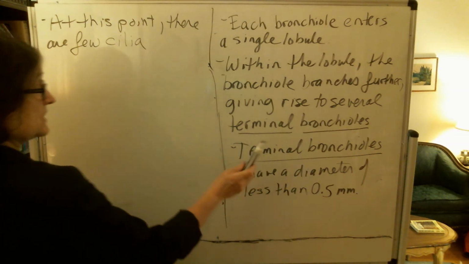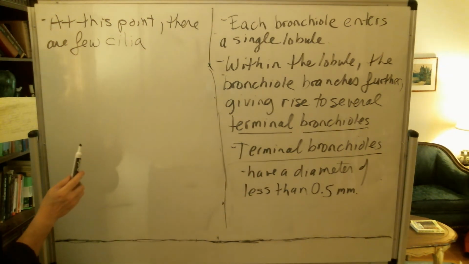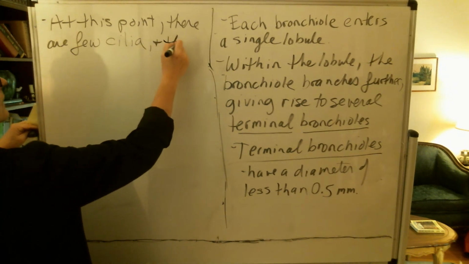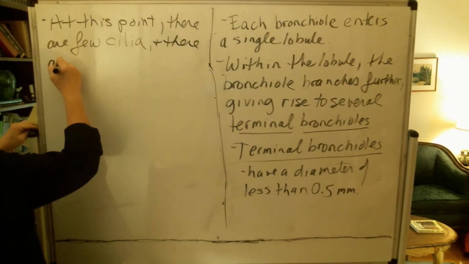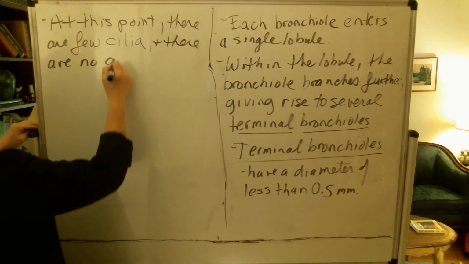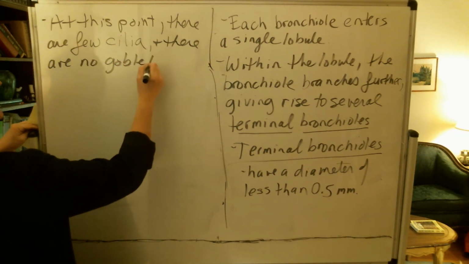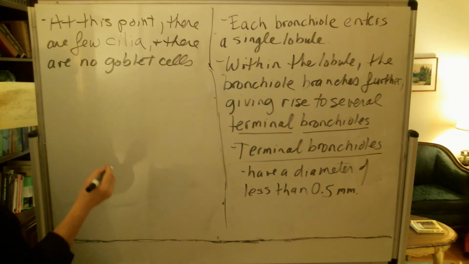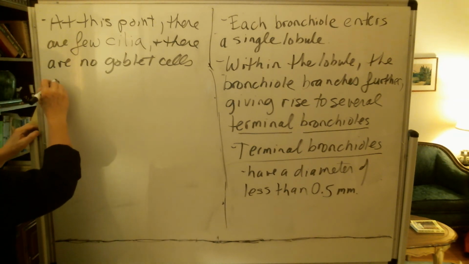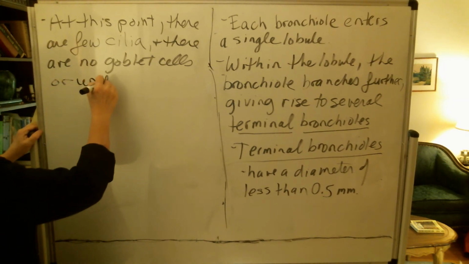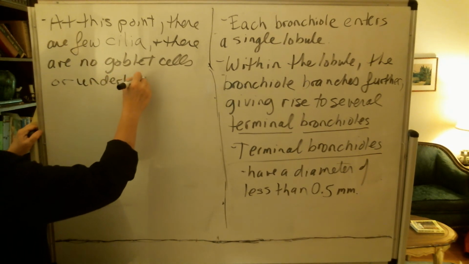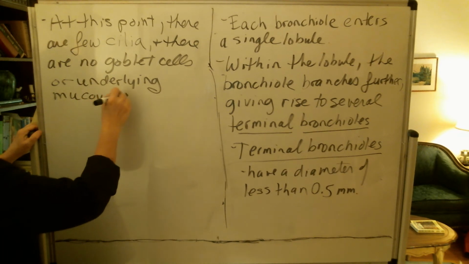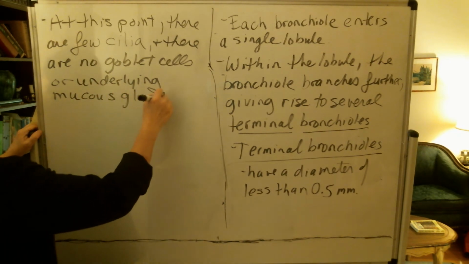When you get to be this small, however, you have very few cilia, and there are no what are called goblet cells or their underlying mucus glands.